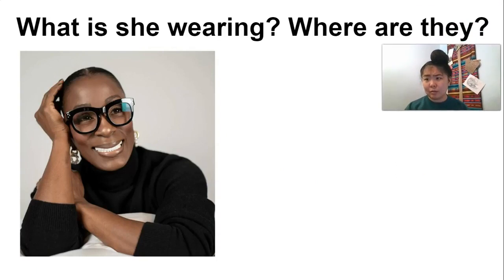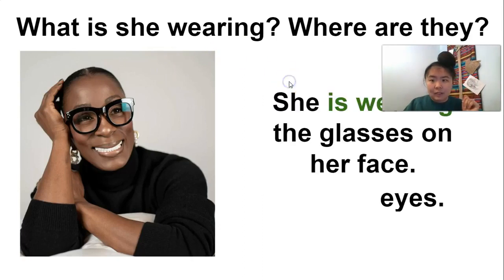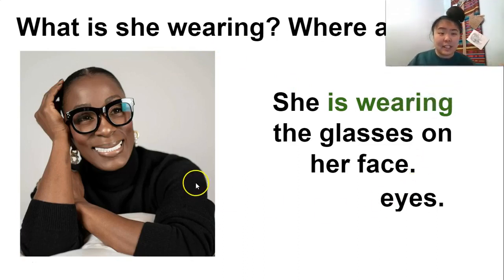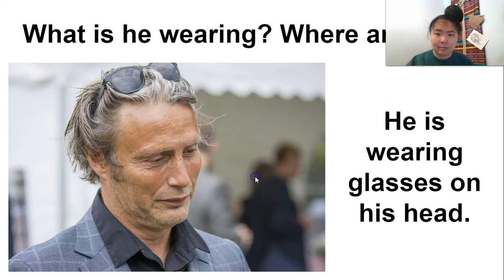And then what this is asking, where are they, right? So we're going to talk about she is wearing glasses. The glasses are on her face. Right, she's wearing glasses on her face, or we could say glasses on her eyes. She's also wearing a black sweater. She's wearing earrings in her ears, right?